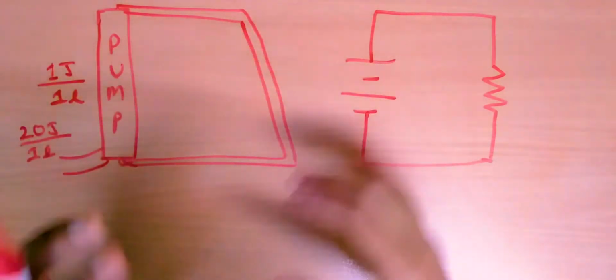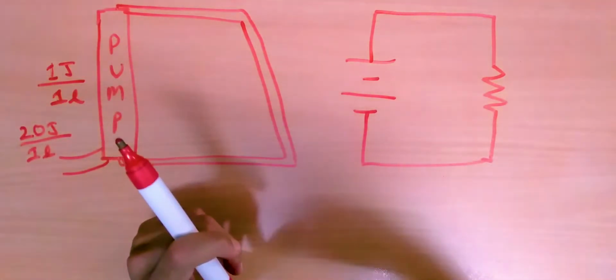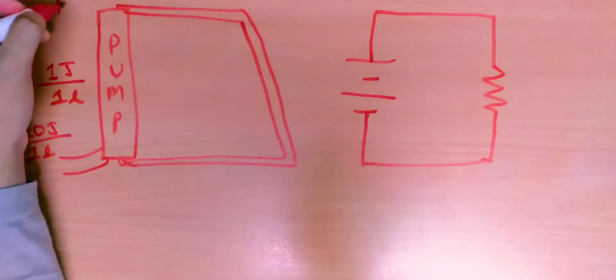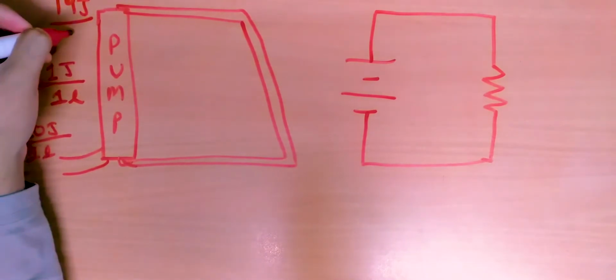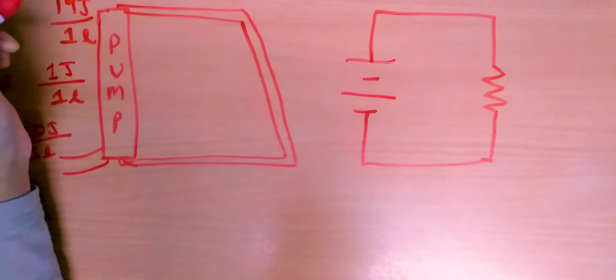You might have heard the sound of pumps working, and pumps heat up, all those energy losses. And what we end up getting is that every liter of water that reaches the top only has 19 joules of energy.